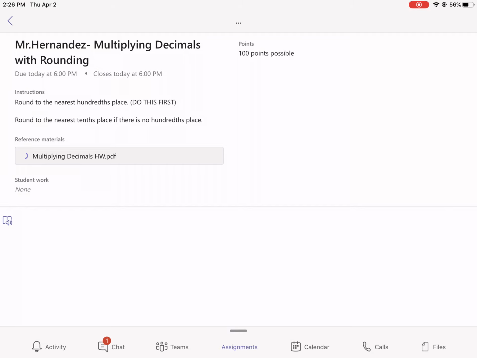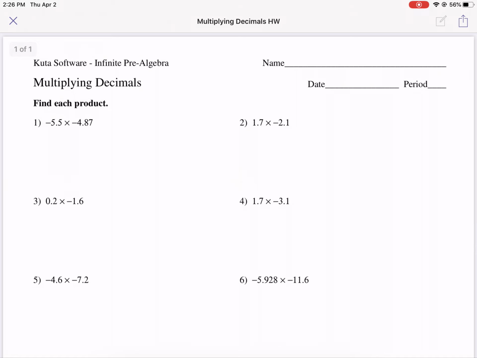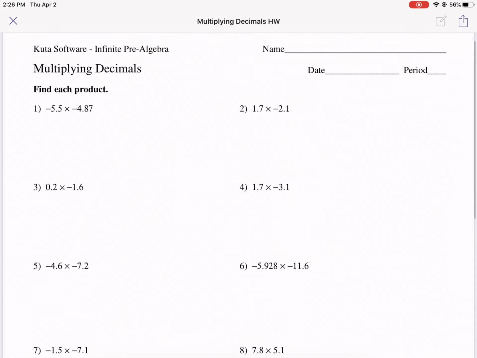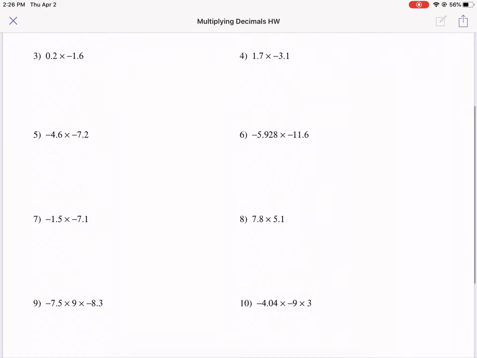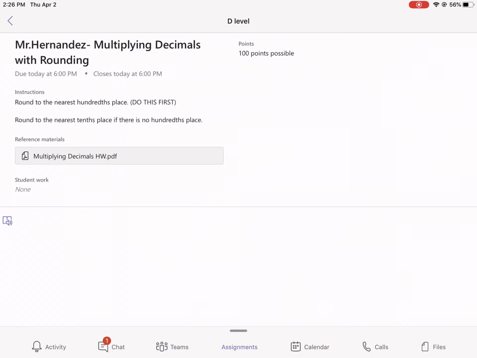This is how your homework looks. Now you're doing multiplying decimals, negative and positive. Make sure you remember negative and positive. Your instructions say round to the nearest hundredths first. Do that first. If you cannot, round to the nearest tenths.